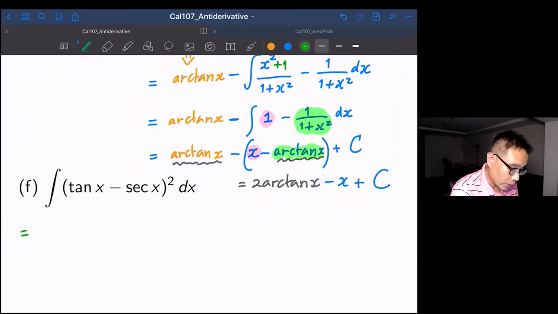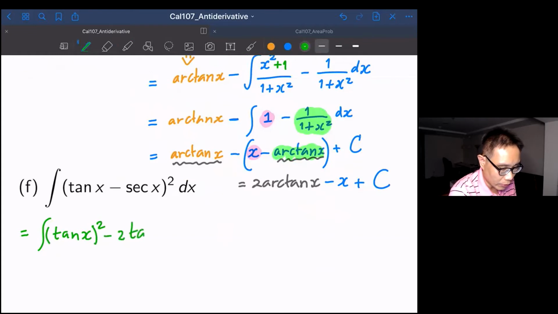So for this one, you expand, so you get tan squared x. Okay, so the first term squared minus 2ab, so it's going to be 2 tan x sec x, and you have plus secant squared x.